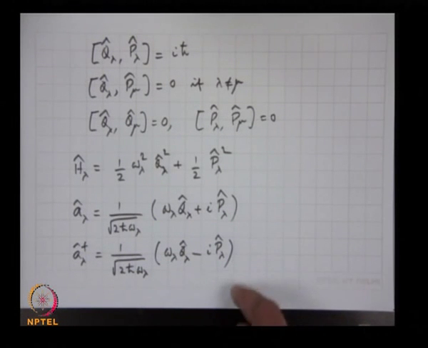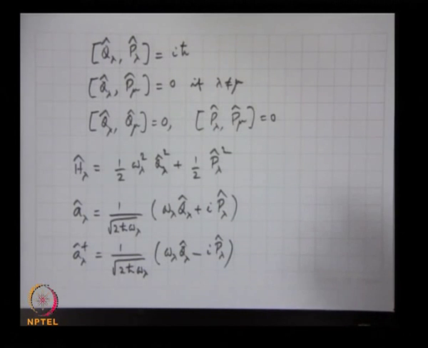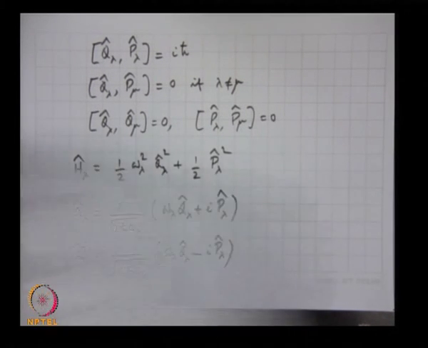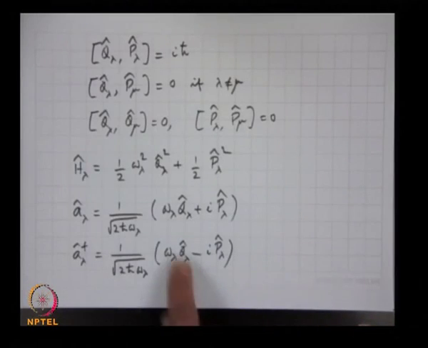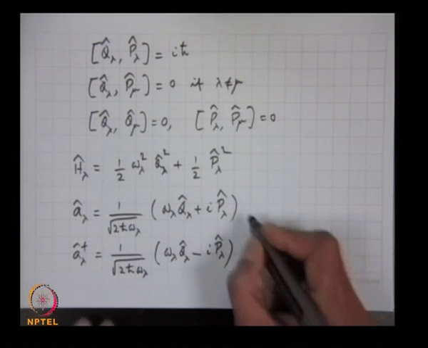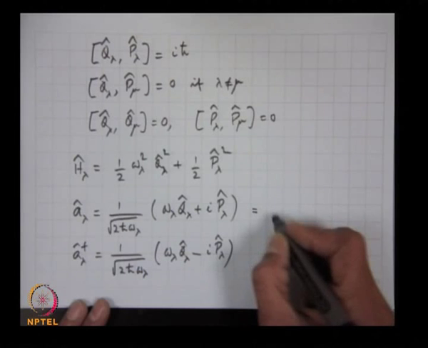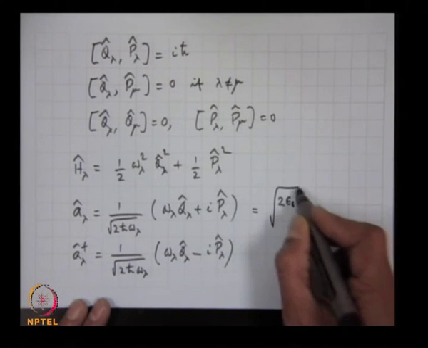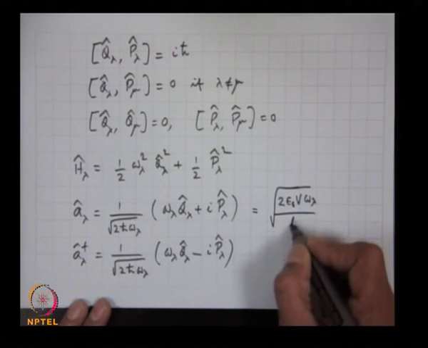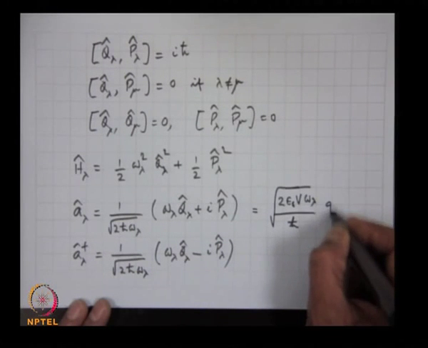They are different operators, and just like we did for the normal harmonic oscillator problem, I can introduce two new operators. In fact, these are related in a circular fashion back to q lambda, because q lambda is also written as omega lambda q lambda plus i p lambda classically. So if you substitute, you can actually show this is the same as the square root of 2 epsilon 0 V omega lambda by h bar into q lambda.